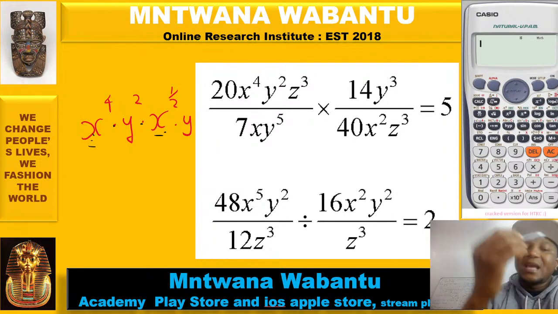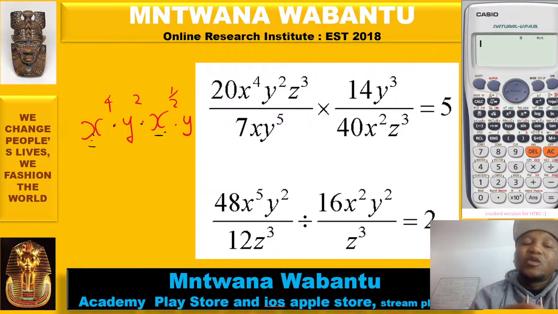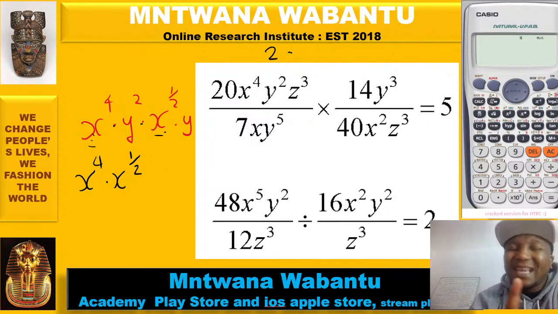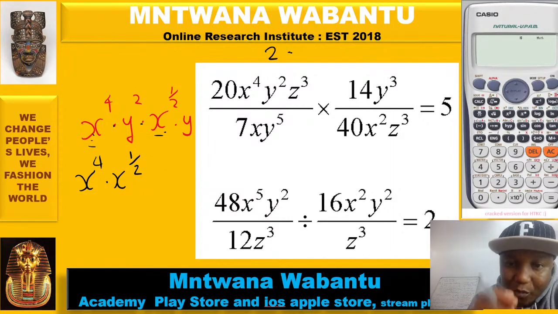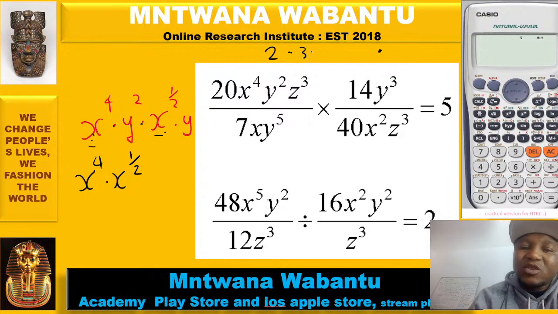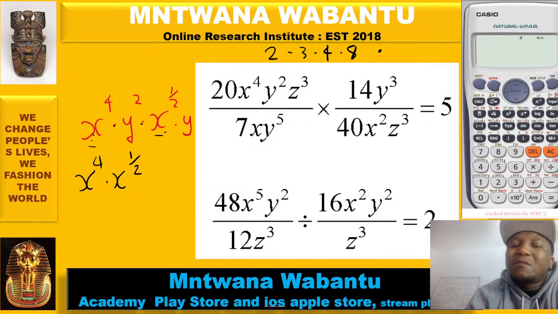For that being said, I can put them together. This is going to be x power 4 multiplied by x power half. You know why? Because in math, if you say 2 times, this dot means multiplication. Some people don't know. When you write this, that means multiplication. If somebody says 2 times 3 times 4 times 8, you can switch them because there's a multiplication between. This is the same as 8 times 2 times 4 times 3.